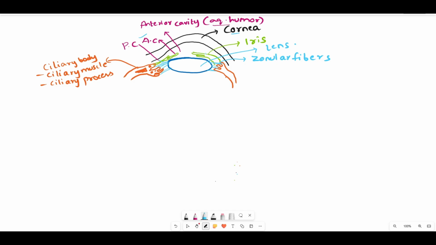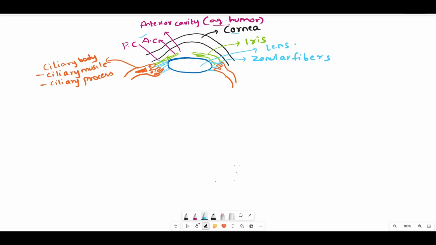These green colored structures are called the iris. The iris is the pigmented muscle that controls the pupil size and light entry. I repeat, this green colored part is the iris, a pigmented muscle that controls the pupil size and light entry.